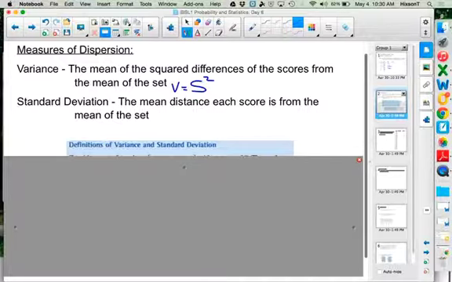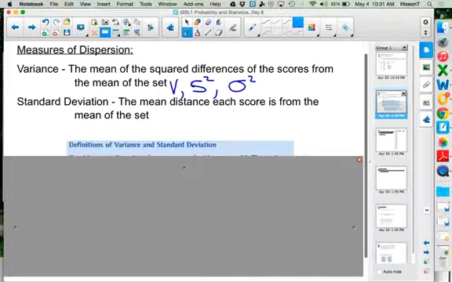Or you might see it referred to as a lowercase sigma squared. It looks like a little 0 with a baseball cap on. It's a lowercase sigma, but sigma squared.